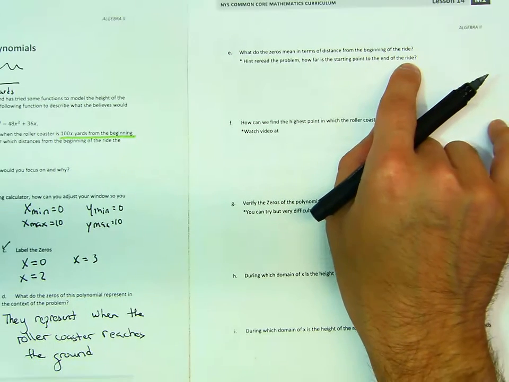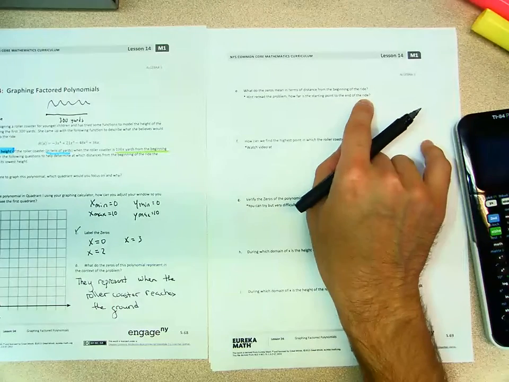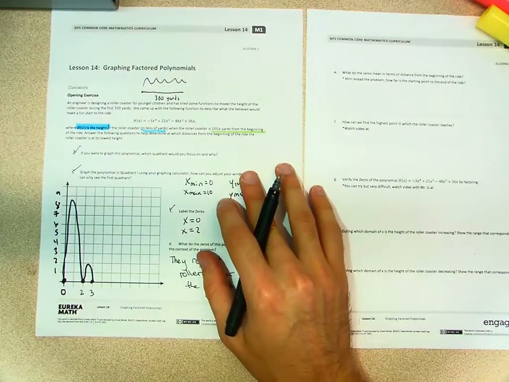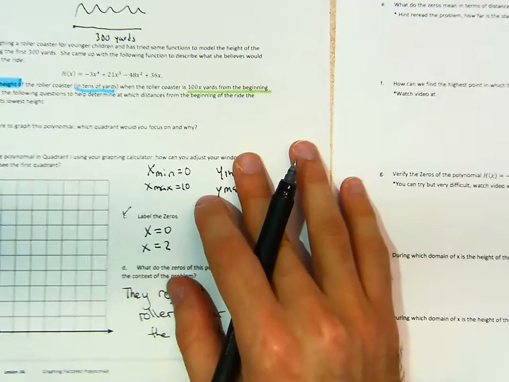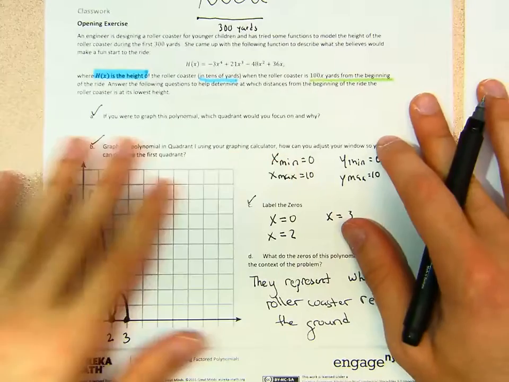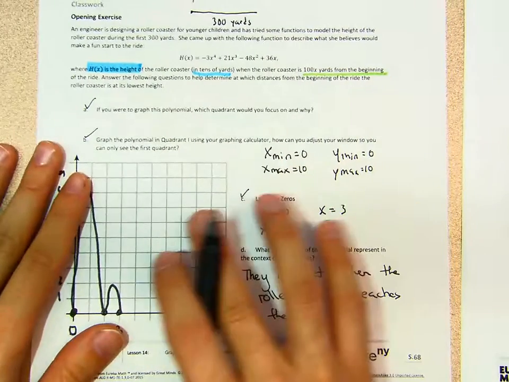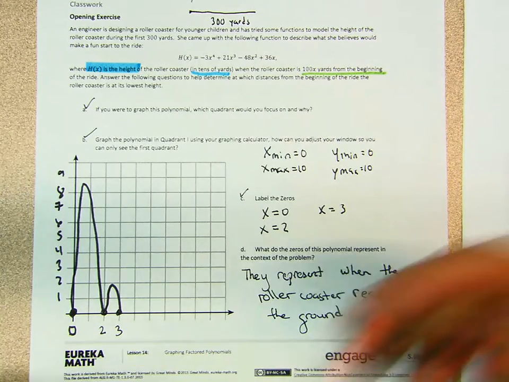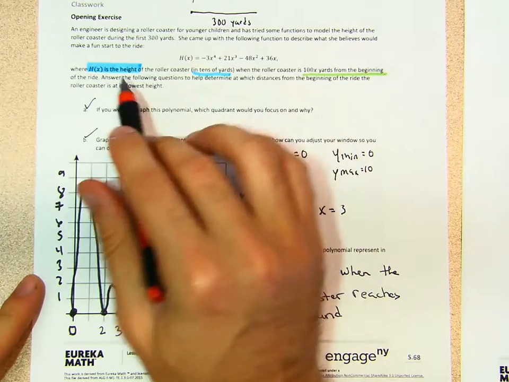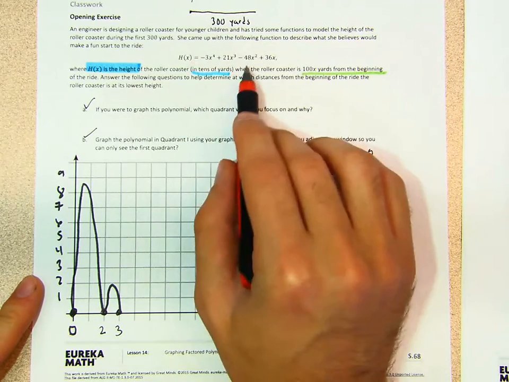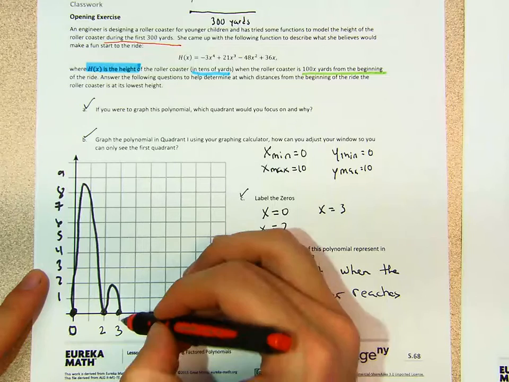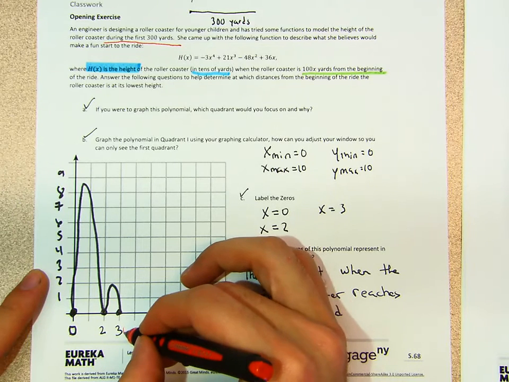So here, we talked about it at this point over here, right? When we have this here, what do the 0, 2, and 3 represent? Remember that from the beginning of the problem, the distance of the roller coaster is 300 feet.